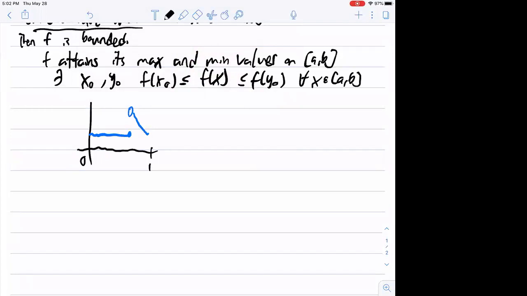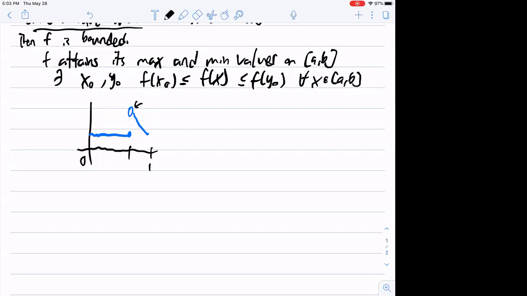So this function is certainly discontinuous on [a,b], at whatever this point is. And you see that it doesn't attain the maximum. There's no point where the value at the point is the maximum, because the sup, the biggest value, is right here. So continuous functions are very nice. That's the first property.